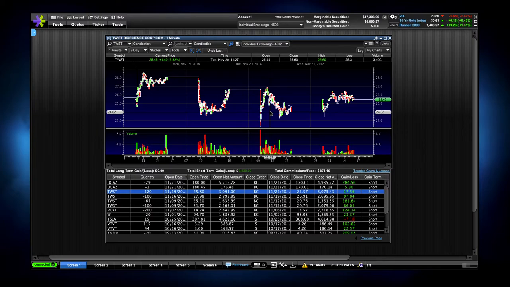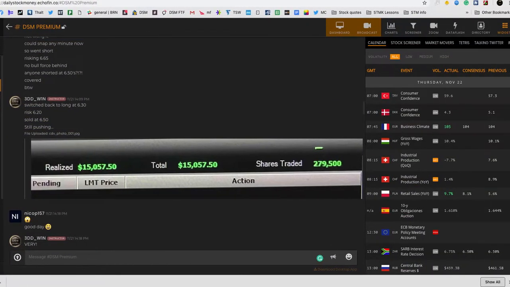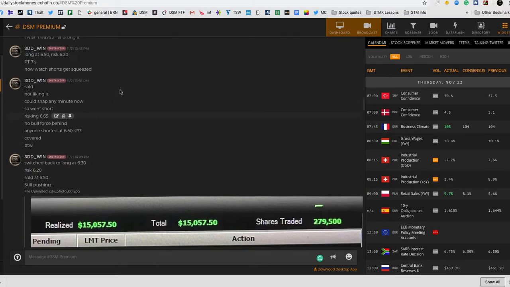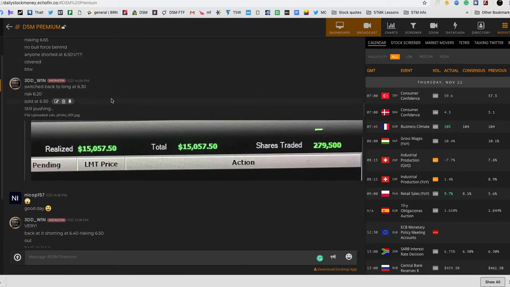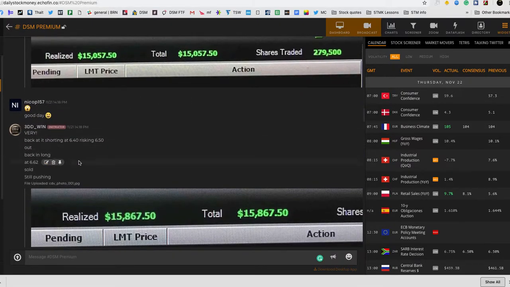So I rambled enough. As another example, yesterday in our chat room, Ed was trading, I think it was ABIL, but anyway, he was up $15,000 and he was shorting that, and then he went long.